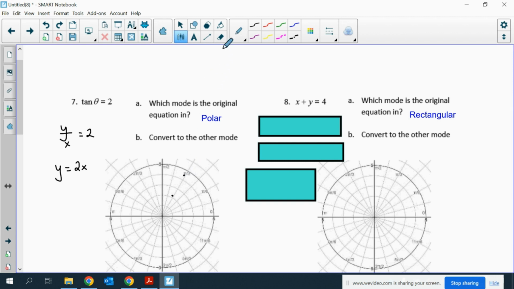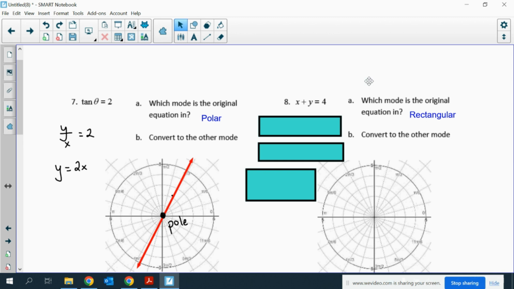It's not exactly the easiest thing to graph, but it's close to pi thirds, just not quite. It's a little bit off. So again, this one is symmetric to the pole.